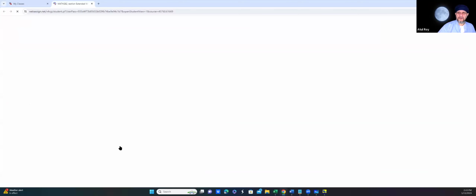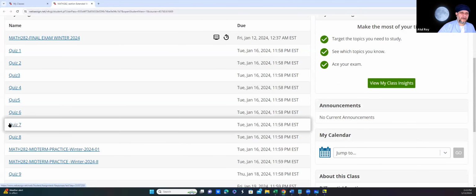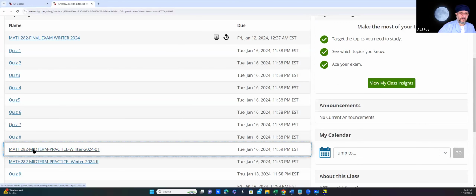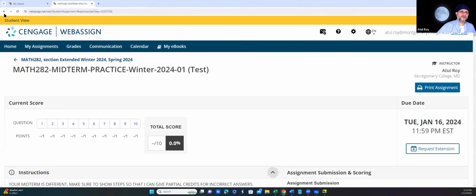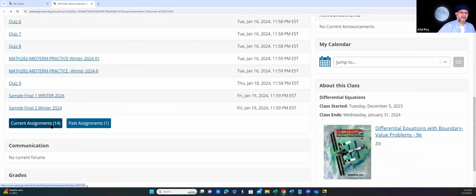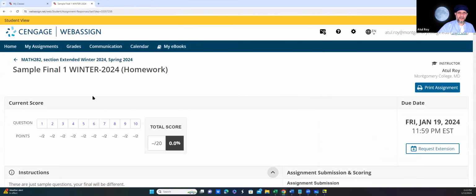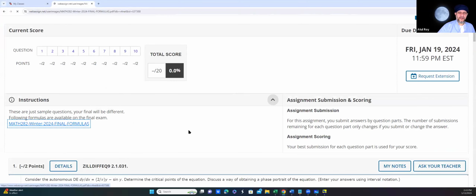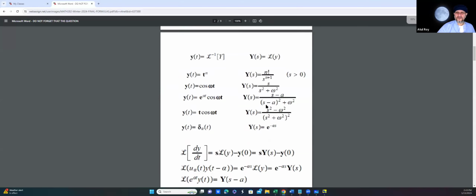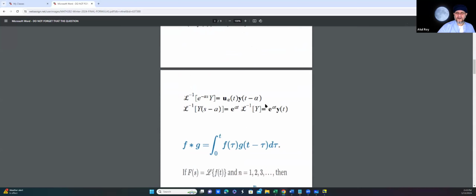View as a student. No, not this, sorry. So we go here and we have these here, right? So see this here.